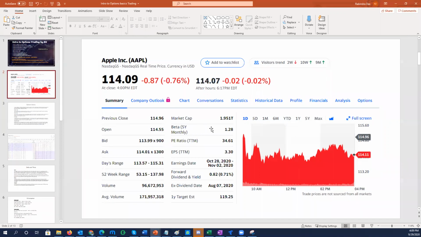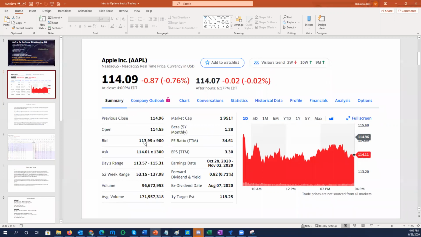If you are trading options, beta makes good sense, so you should know your beta. Earnings date, you have to know about this one. Then maybe the analyst target, you should know that. If you don't know, you just have to go and look. This is the stock basics. Either you can go to Yahoo Finance or any of your trading platforms, and you should see this.